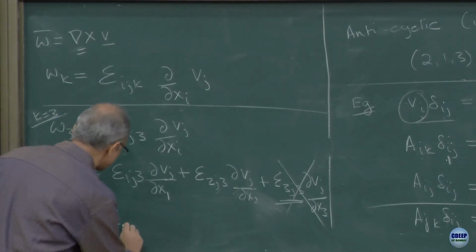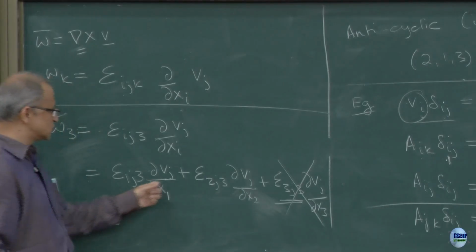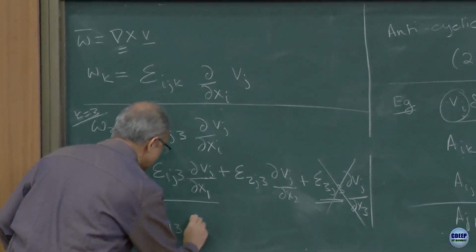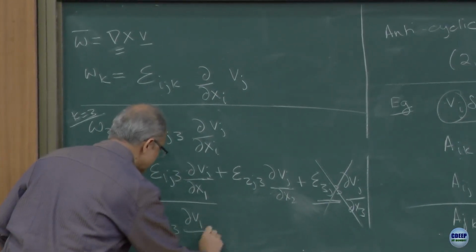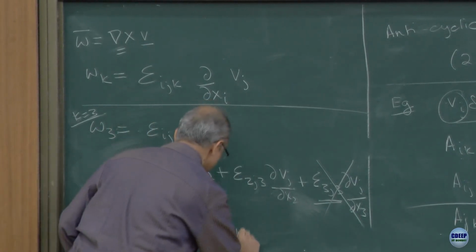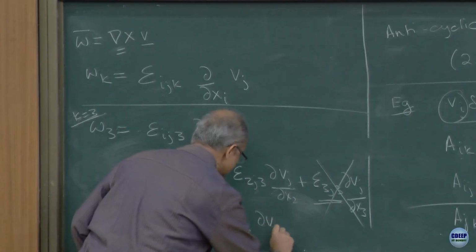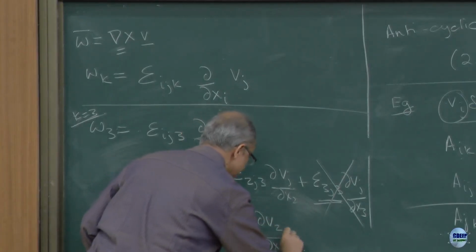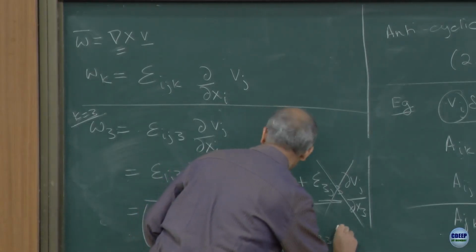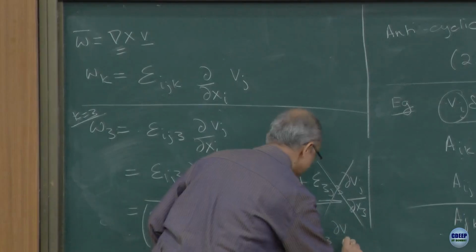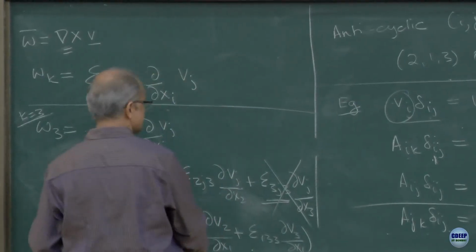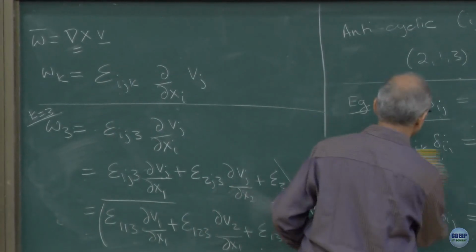So here I will again expand out over j equal to 1, 2, 3. Okay, so let us do that. Epsilon 113 dou v1 dou x1 plus epsilon 123 dou v2 dou x1 plus epsilon 133 dou v3 dou x1.